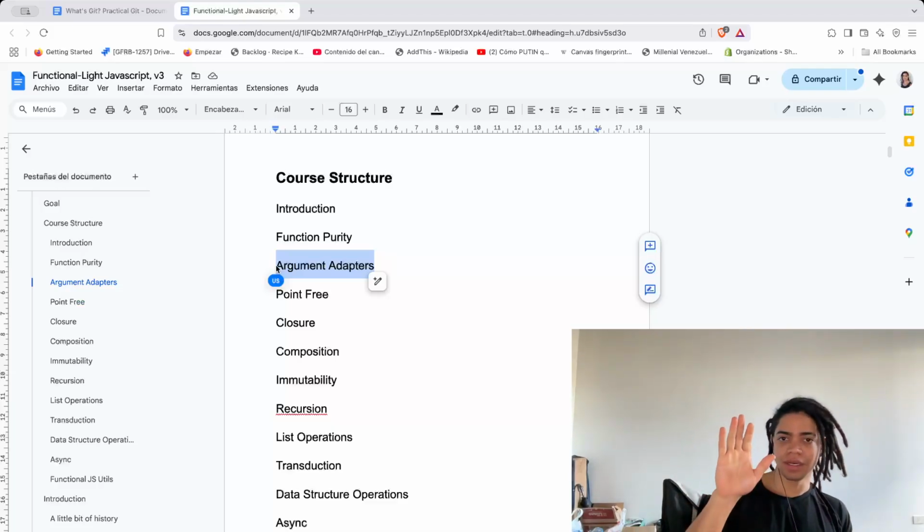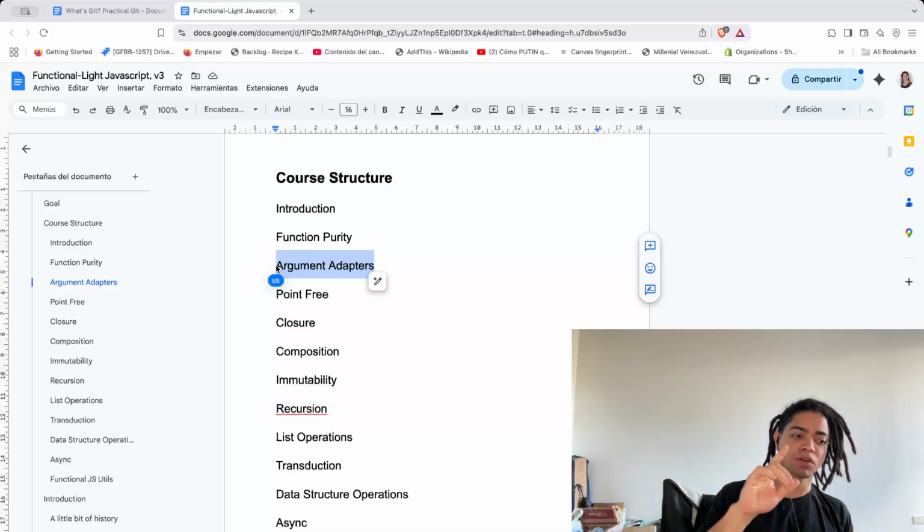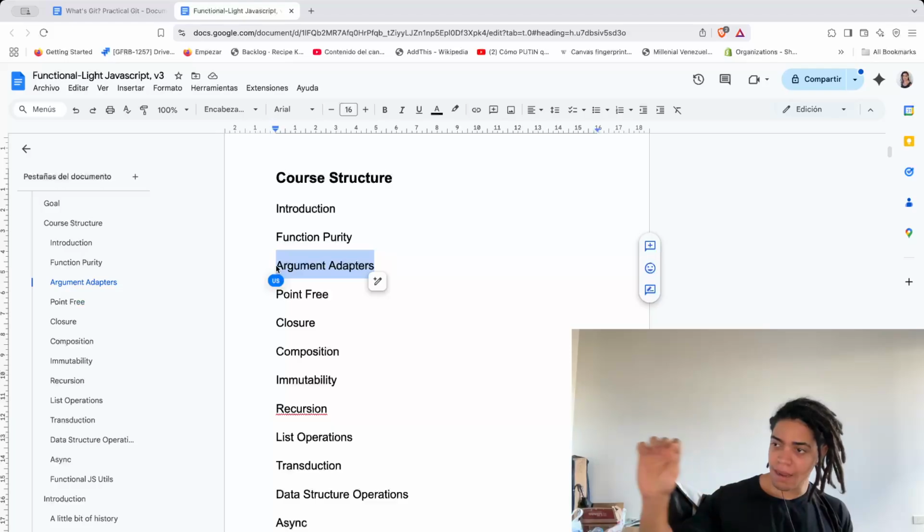Which is great, and we also explore another topic that is relevant to functions. When it comes to describing the relationship, when you want to call several functions and describe the relationship to each other, this is known as point free.